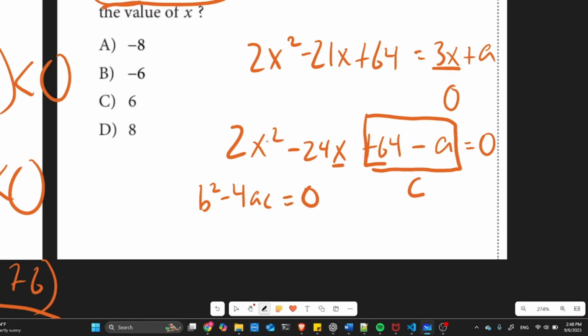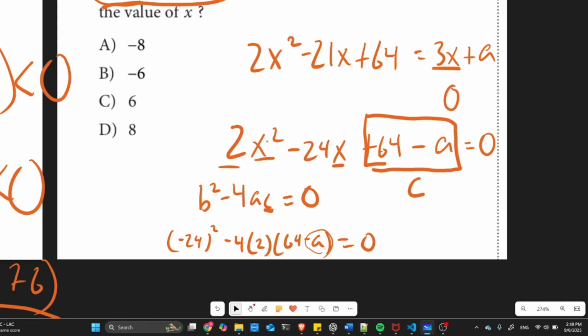If it has x, right, then it's b. x squared is a. So this whole thing is your c. So when you do c, you have to plug in both of them. Okay, so b is minus 24. So we're going to square it. So minus 24 squared minus 4 times a, which is 2, times c, like I said, that is equal to 0. Right? Then you solve for a here.